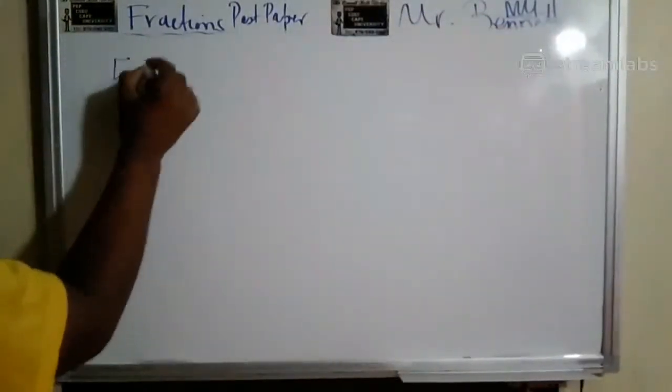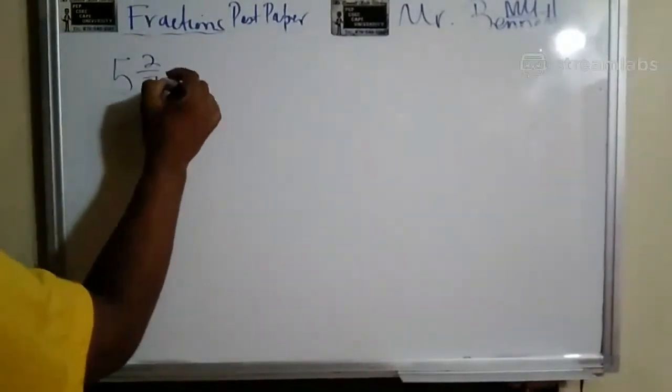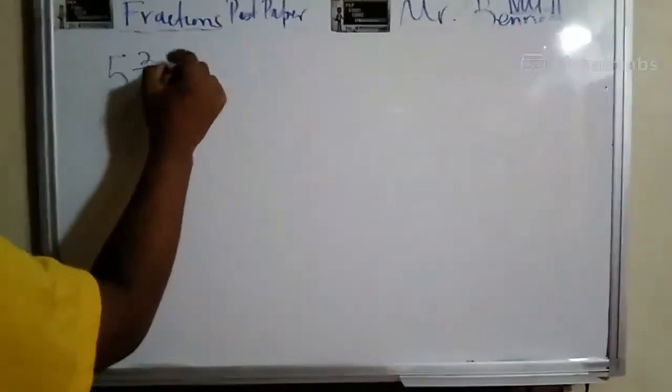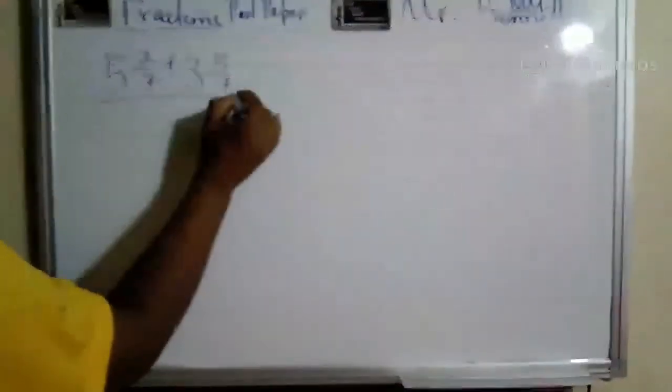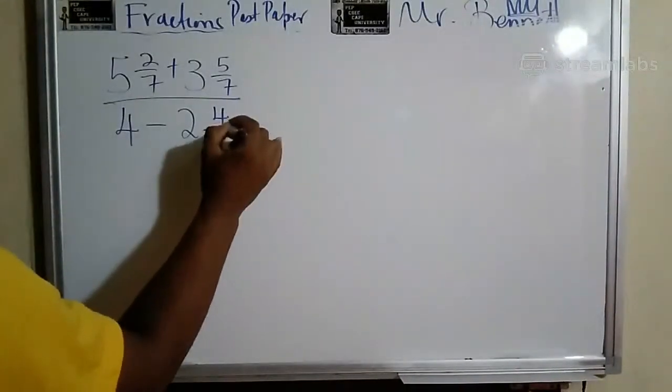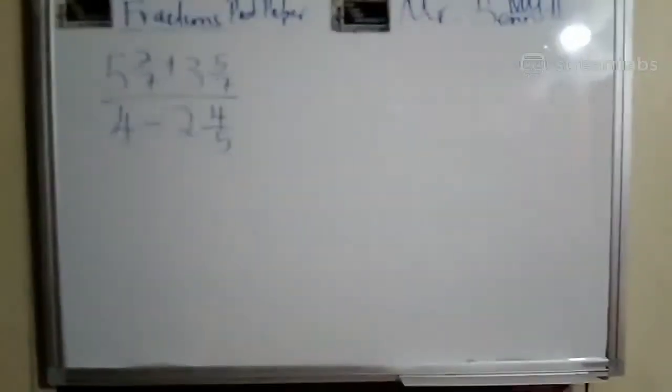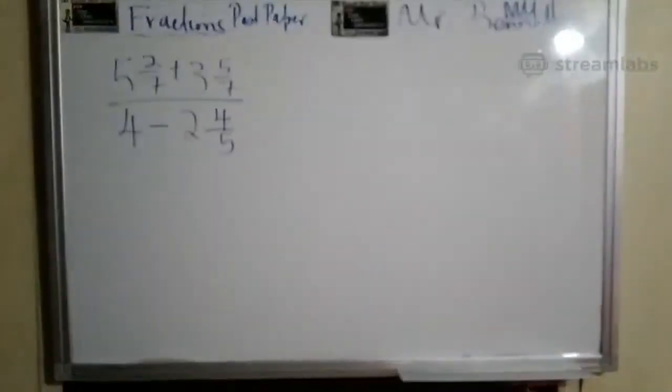So 5 and 2/7 plus 3 and 5/7, divided by 4 minus 2 and 4/5. As I said guys, all of them are different. So go ahead and work that one and see who can get that answer.